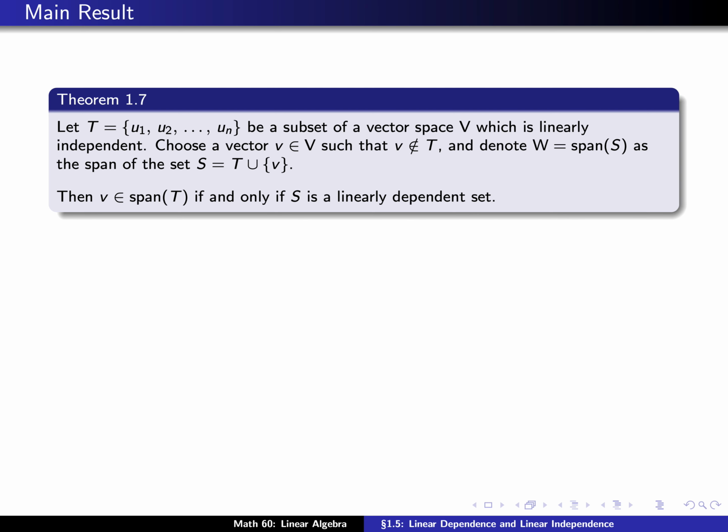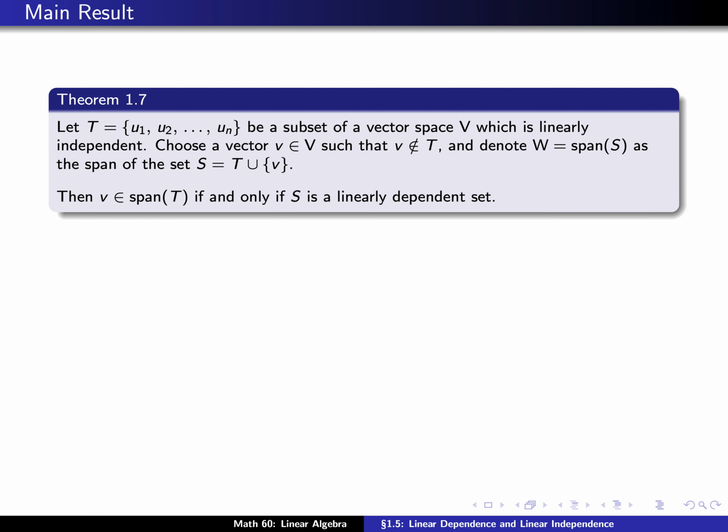Well, we have a result here that corresponds exactly to the example that we discussed earlier, our motivating example. Let's say that T is a subset of a vector space V, and we know by some method already that T is a linearly independent set.